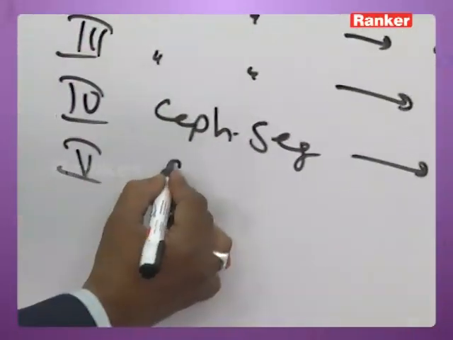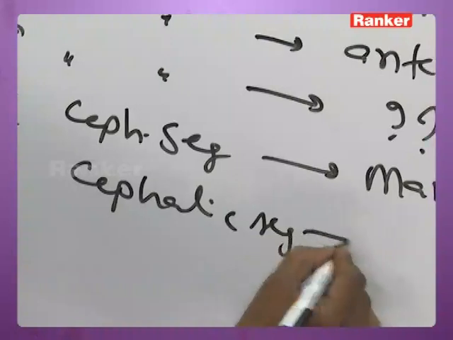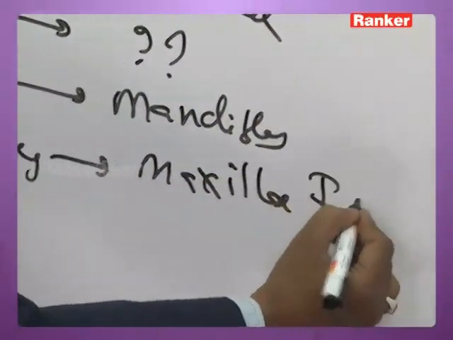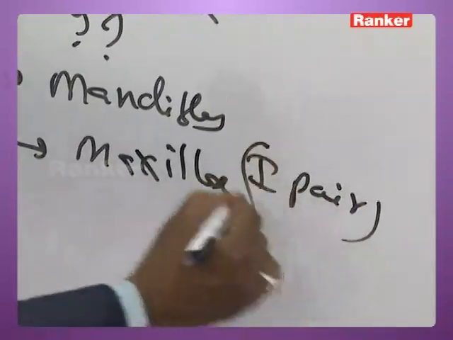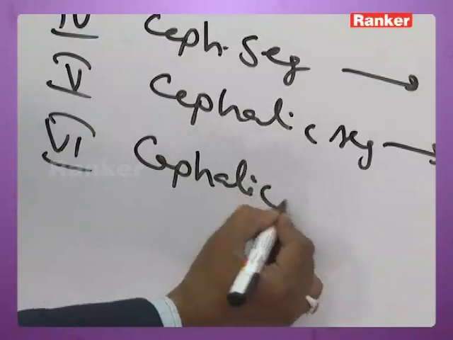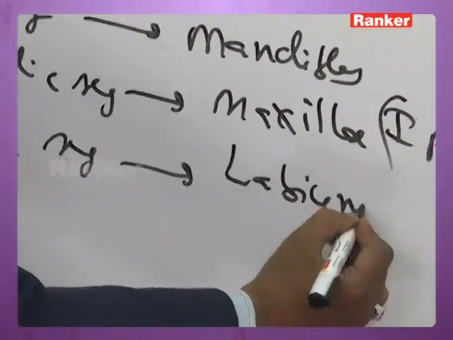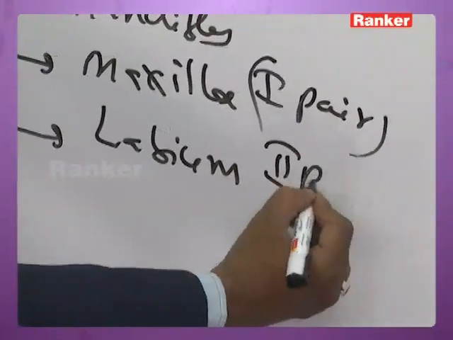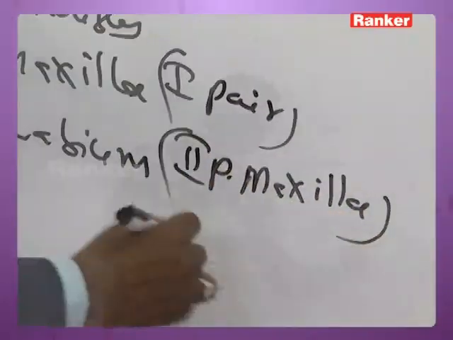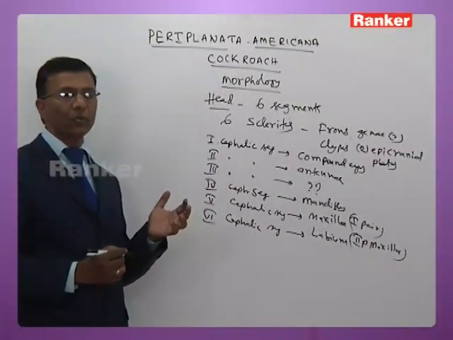The fifth gives rise to maxillae, the first pair of maxillae. The sixth gives rise to the labium, which is formed by fusion of the second pair of maxillae. Like this, these 6 segments fuse to form the head.